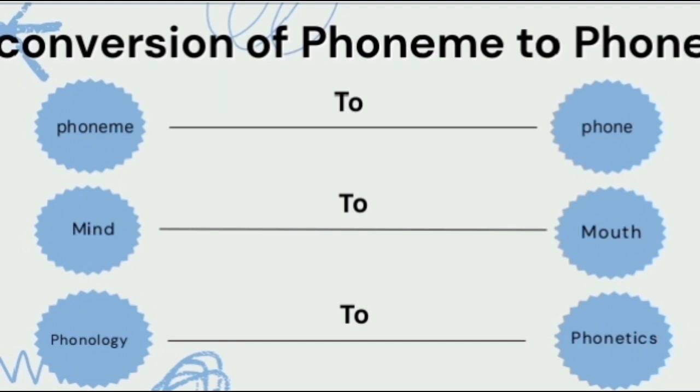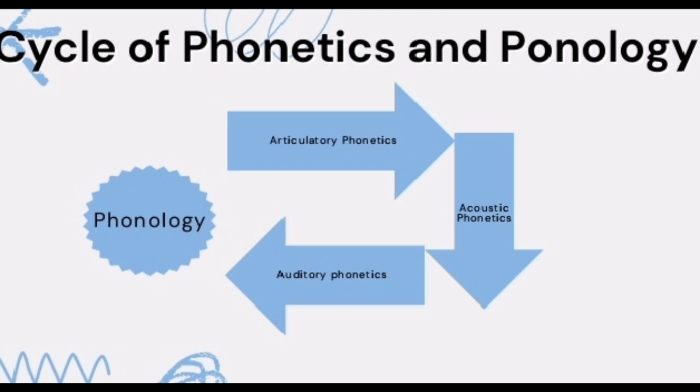The last line shows that whenever sound is in our mind, it is studied in phonology, and whenever it comes to our mouth, it is studied in phonetics. So we can say we have a cycle which moves around phonology and phonetics. Firstly we have a phoneme in our mind, which is studied in phonology. Then when we utter that phoneme from our mouth, that is studied in phonetics.